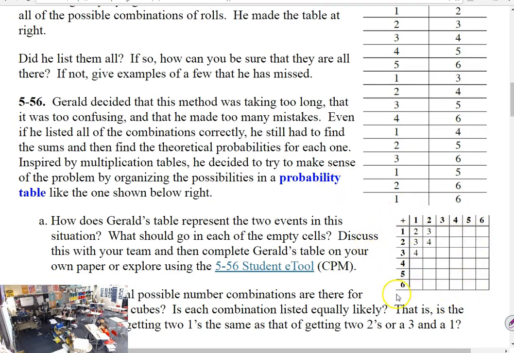Copy this into your notes. It doesn't have to be super fancy, but copy this into your notes, and can you figure out how to fill in the rest of the table? You might need to read the problem with your partner. You might need to read this situation. He's going to try to fill out this table with all possible dice outcomes when he rolls and adds, just like playing Monopoly or any of those games.